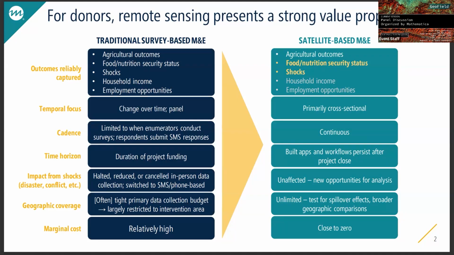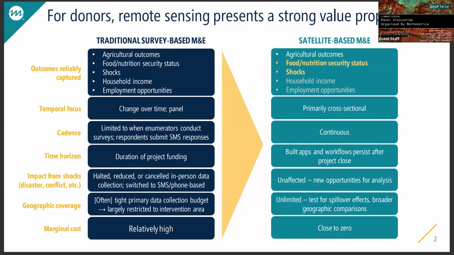And so if there are geopolitical shocks, natural disasters, pandemics, you pull your enumerators out, you essentially are getting no information from the field about what's happening at that point in time, and satellites offer continuous observation over that period. Lastly, from a marginal cost standpoint, sending folks to new villages to collect data from additional households is a relatively high marginal cost.